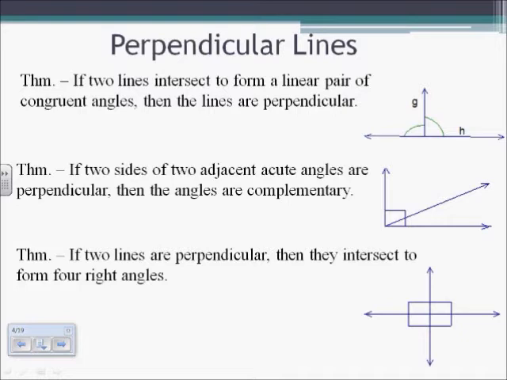Okay, four right angles. So looking at perpendicular lines in our theorems, if two lines intersect and form a linear pair of congruent angles, then we have perpendicular lines. If two sides of two adjacent acute angles are perpendicular, then the angles are complementary. And lastly, if two lines are perpendicular, they form four congruent right angles.